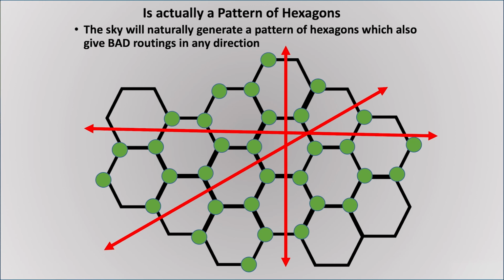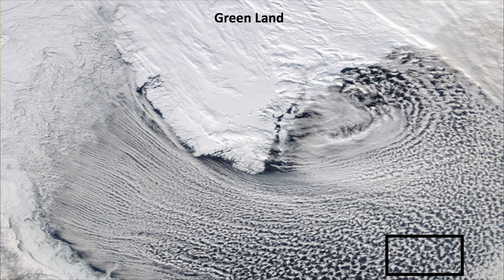So we do have to pick our way and not just fly the sat-nav direct track. And here we have Greenland and its streeting. And what we're going to do is have a look at this bottom right-hand corner. And again, we can see lines being generated in this pattern of hexagons.